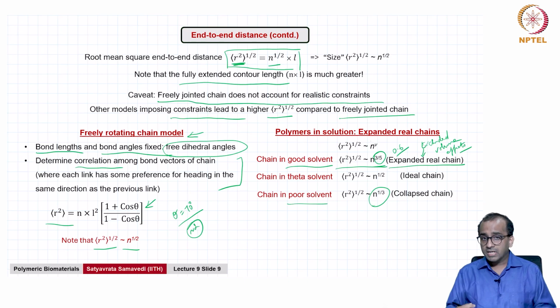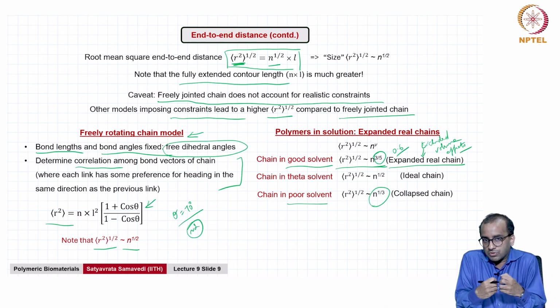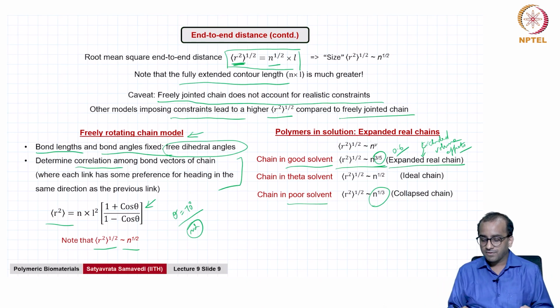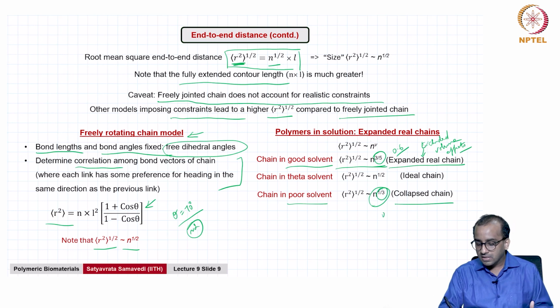In a poor solvent, the chains want to interact with each other because polymer-polymer interactions are much more favorable than polymer-solvent interactions. So, the polymer wants to sort of expel the solvent and wants to stay close to itself, which would lead to what we would call a collapsed chain. And there you see the scaling is about 0.33.